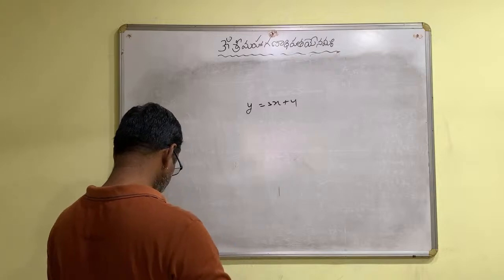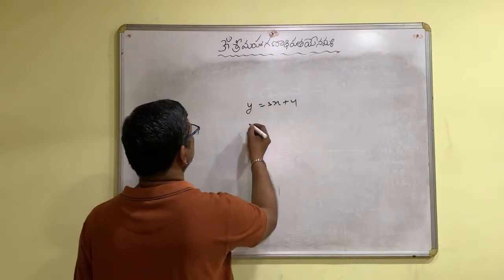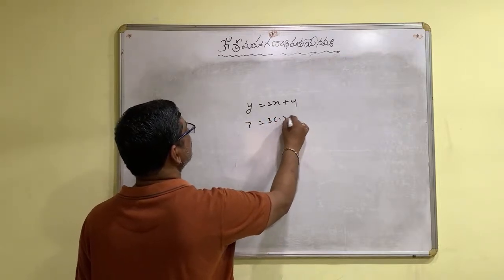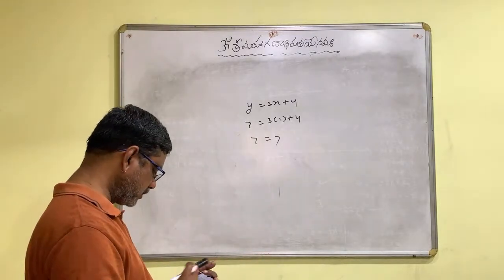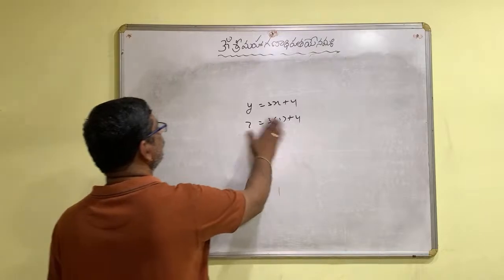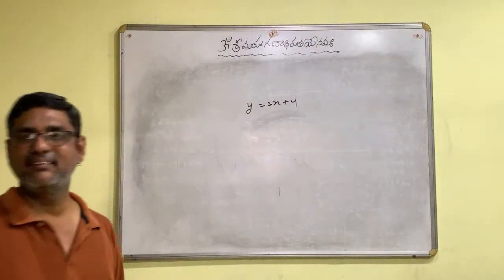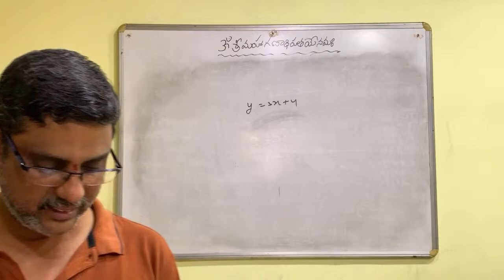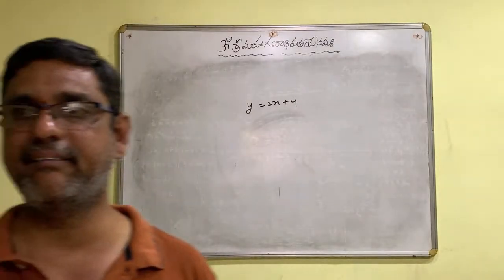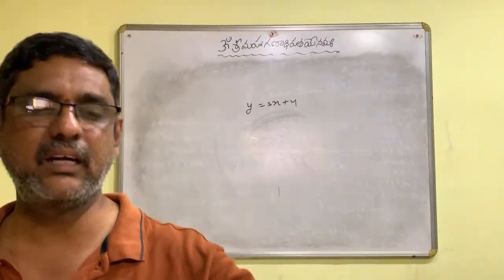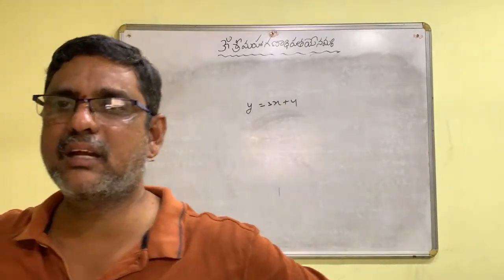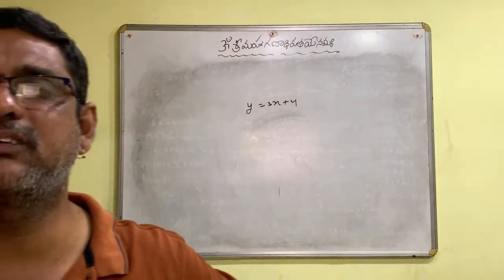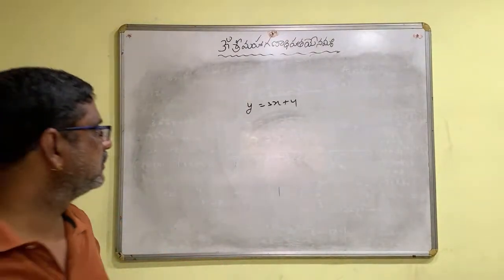Let's see 1 comma 7: 7 is equal to 3 into 1 plus 4. Yes, 7 equals 7, so 1 comma 7 lies on the line. So 2 comma 10 does not lie on that line. But this model is not there for you. You can leave that one.